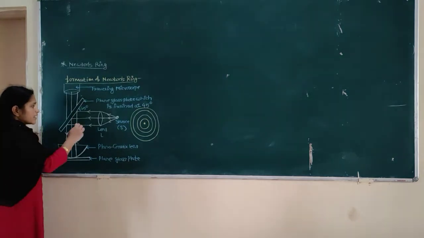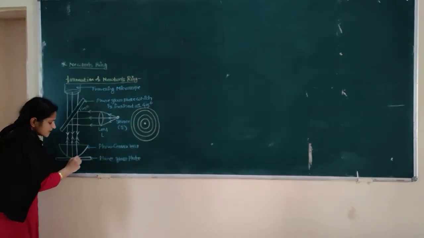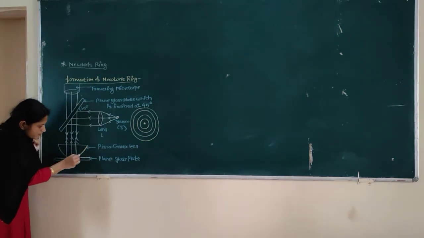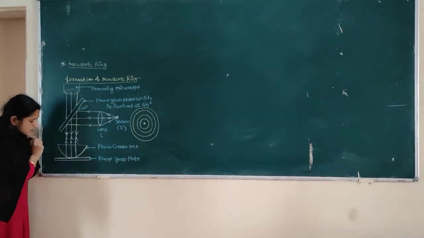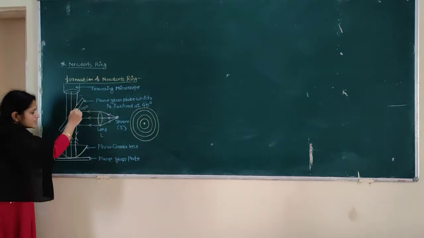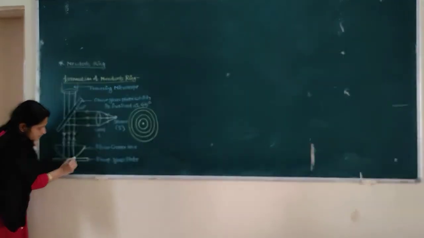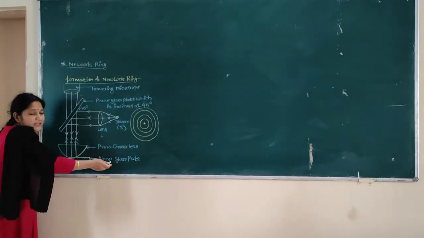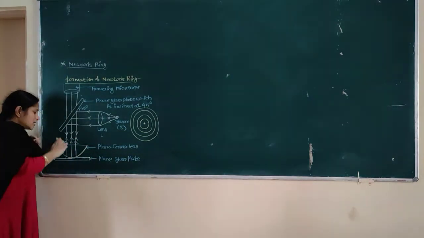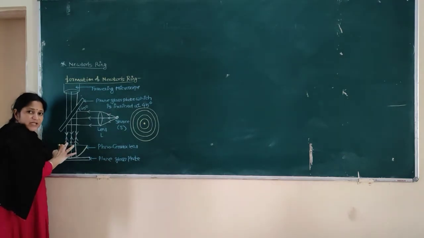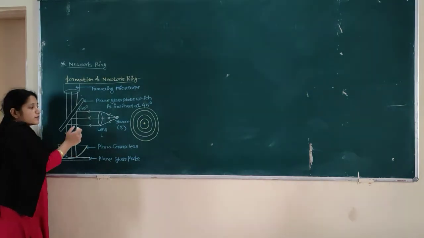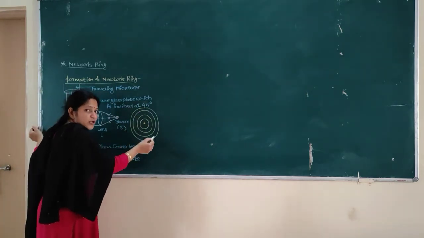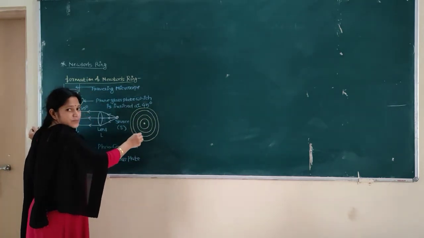After that, a part of incident light is reflected back from the curved surface of the lens, and a part of incident light is reflected back from the plane surface of the plain glass plate. So these two reflected rays interfere with each other and produce interference pattern which is in the form of circular rings, like this.